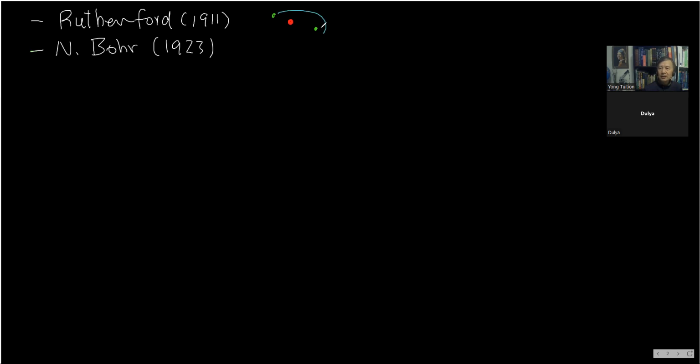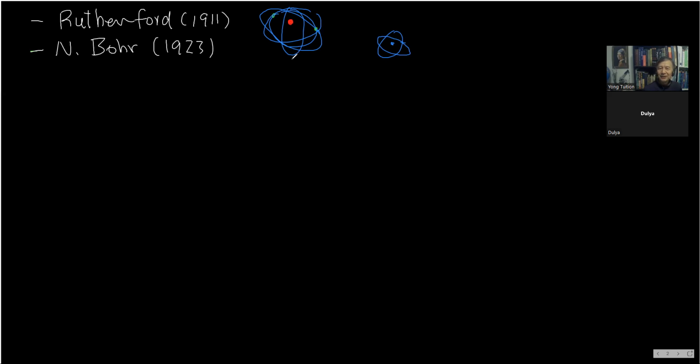This is called the solar system model. The solar system has these circles, with the electron. That's why in the old days many high-tech companies and government agencies used this logo for atom. That is due to Rutherford.